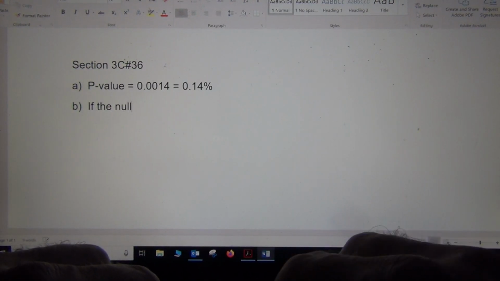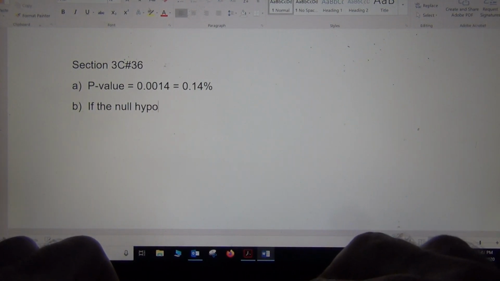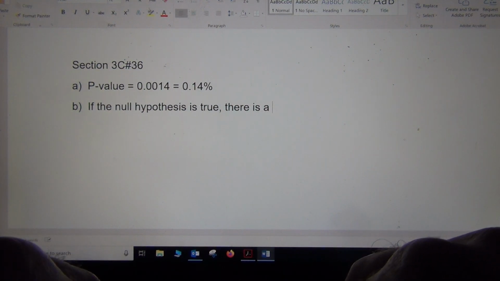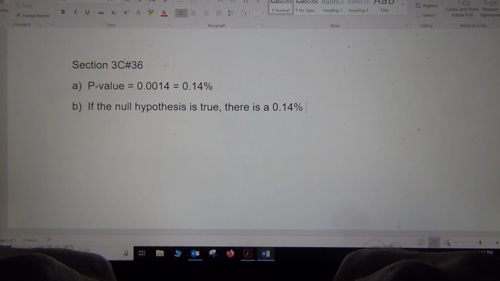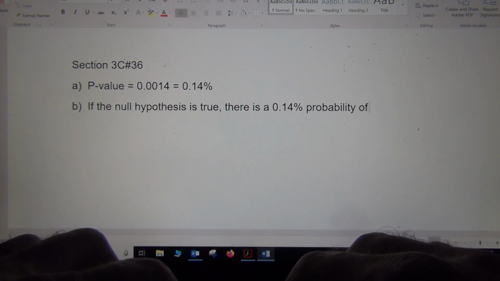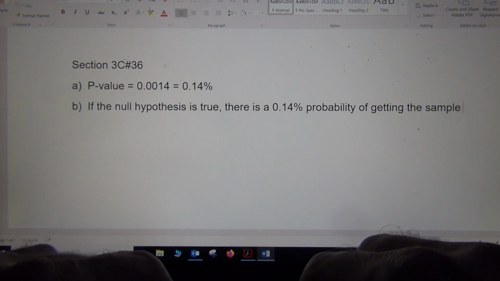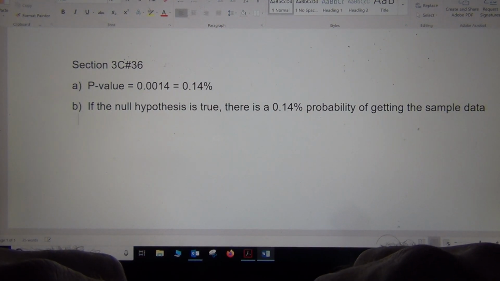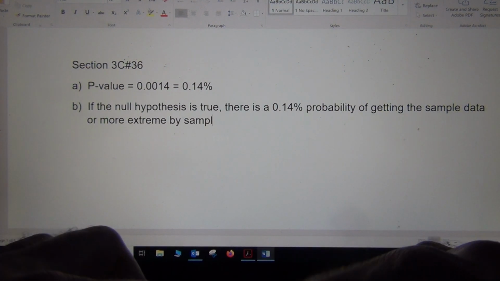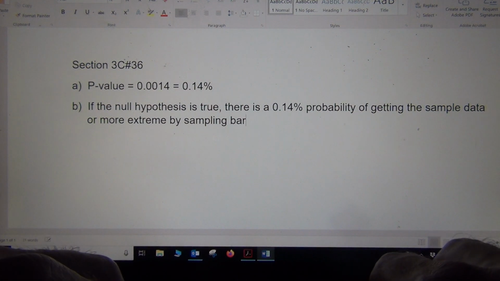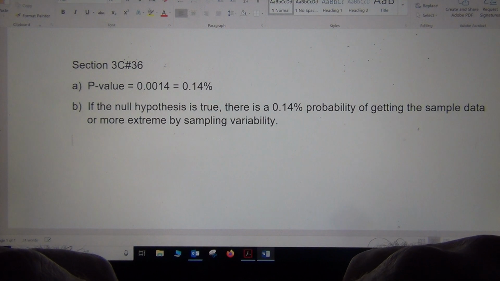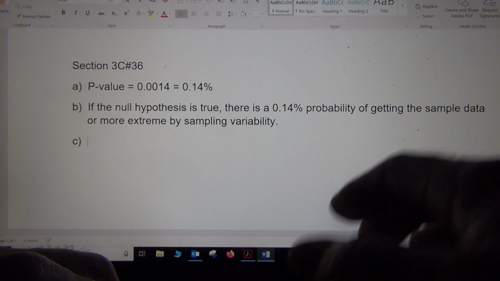So, this is a definition that you really want to know: if the null hypothesis is true, there is a 0.14% chance or probability of getting the sample data or more extreme by sampling variability. Or you could say by random chance. So for letter B, we're just writing down the definition of p-value.